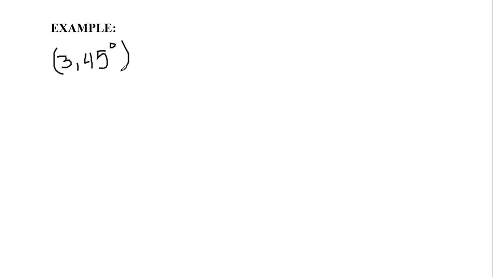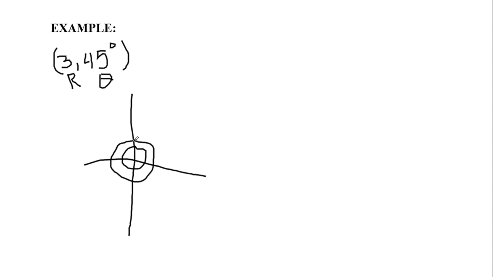So to plot this, let's have here, since our r is 3, and then the theta is 45 degrees. Since our r is 3, we can make a circle here, 3. Count first. 1, 2, 3. So 3.